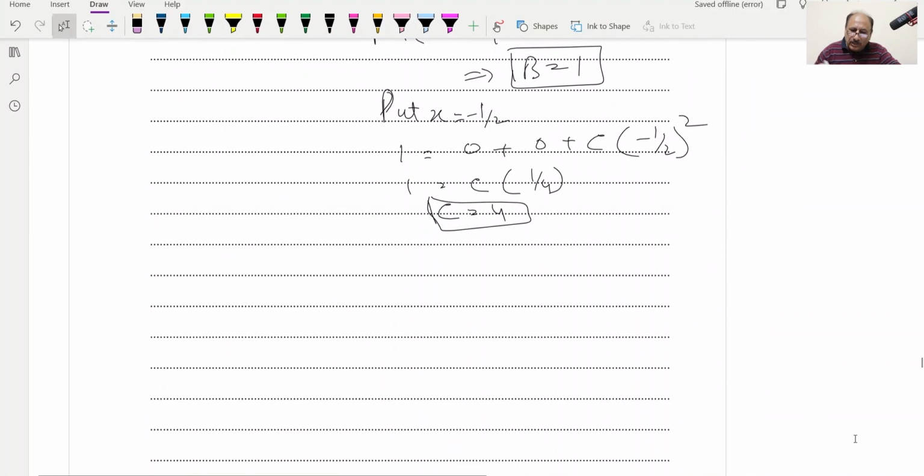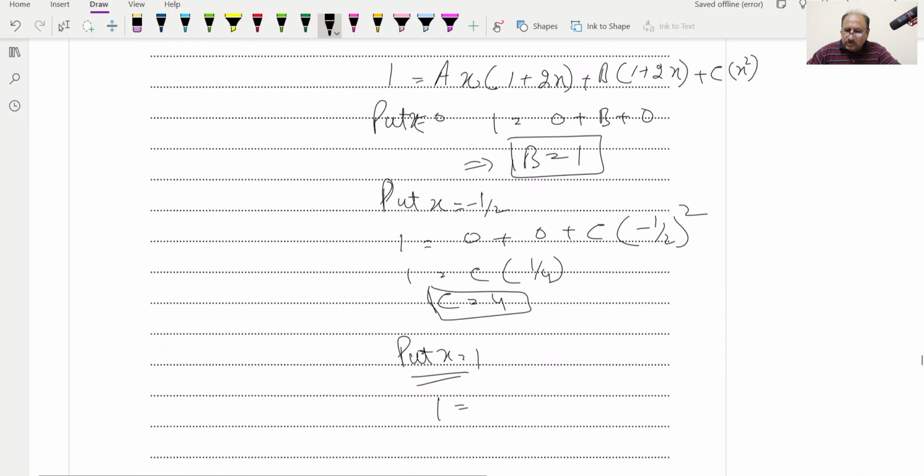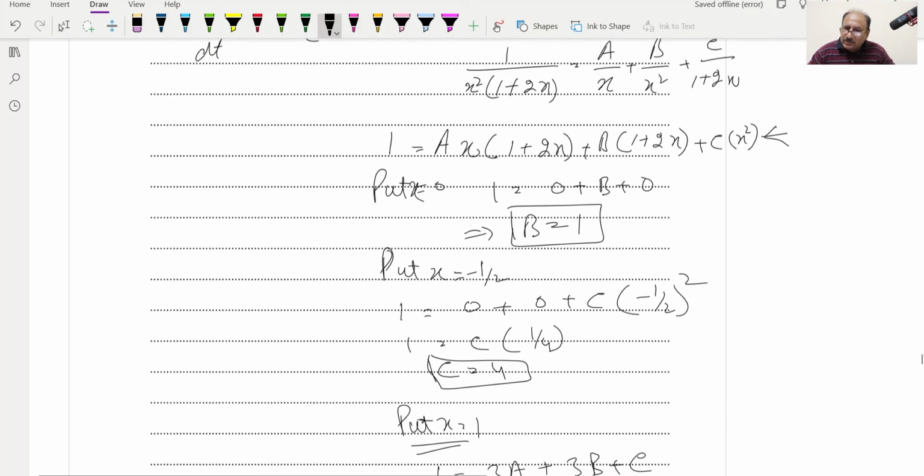Now we will put x is equal to 1, and this will be 1 is equal to 1 plus 2x, so 3. So 3a plus 3b plus c we will get when we replace in this equation.